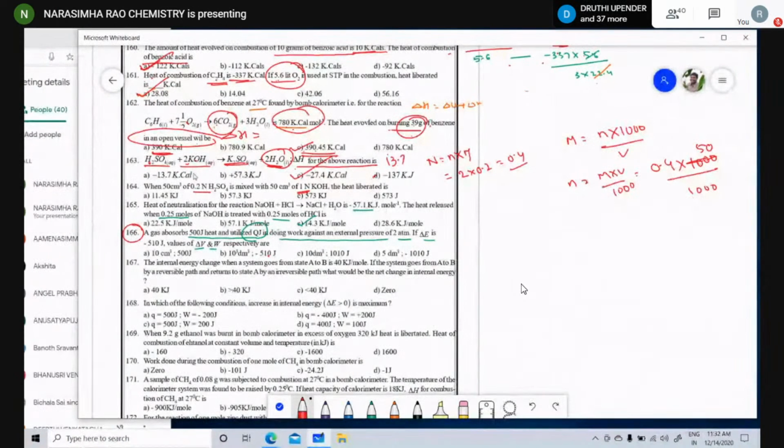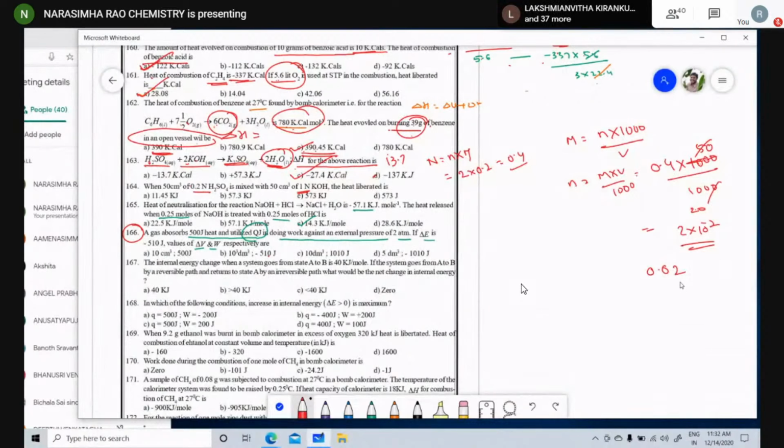This is 50, means 20 times. Now this is 40, how many times? 2 times. This is 10 power minus 2. 2 into 10 power minus 2. It's clear, children. This is 0.02 moles.